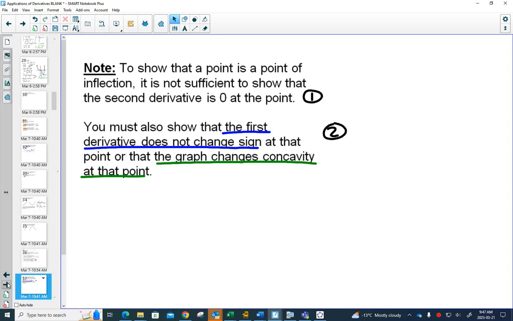If you know that it changed from concave up to concave down, and your second derivative is 0, perfect. That's an inflection. But it could also be that your first derivative, if it stayed positive, that your function, so what we have is we have the second derivative equal to 0 at this point, and my function is staying positive.